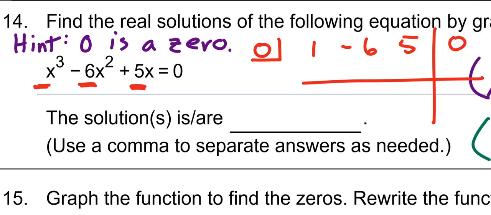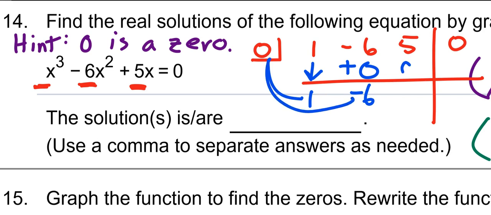Okay, so if I do this process with you, we carry the 1 down below the line. Multiply. What is 0 times 1? 0. Add down the column. -6. Do it again. Multiply. Add down the column. Multiply.